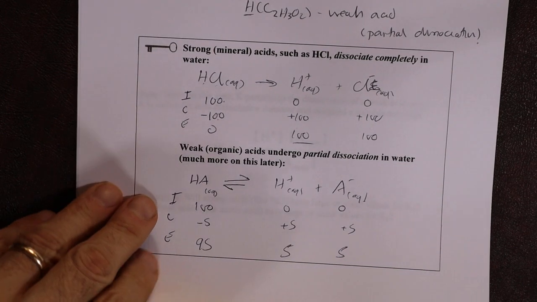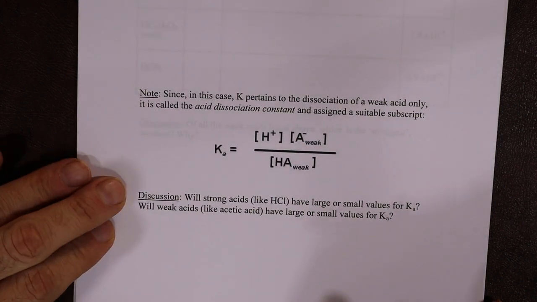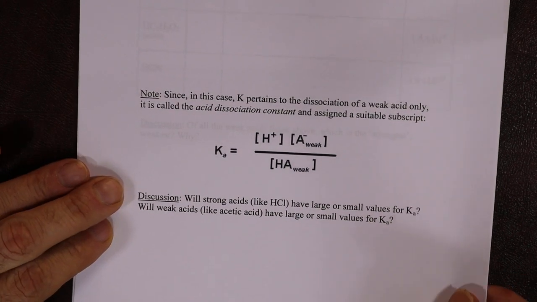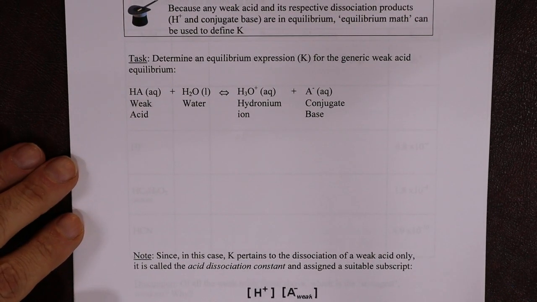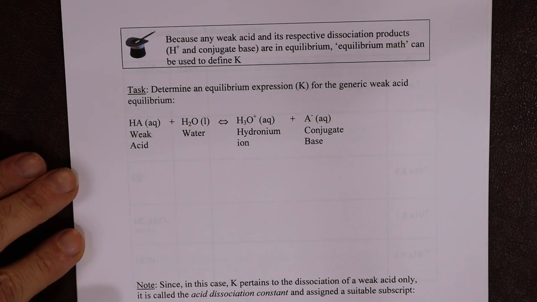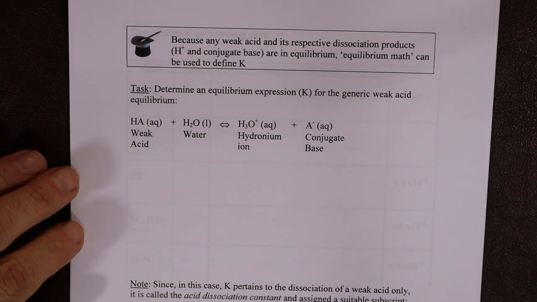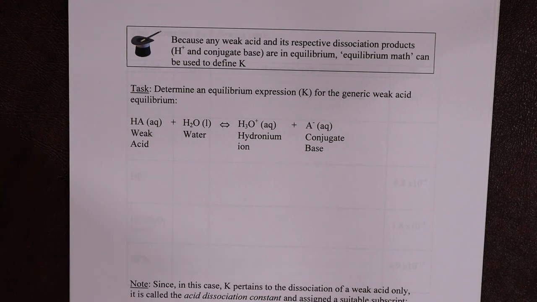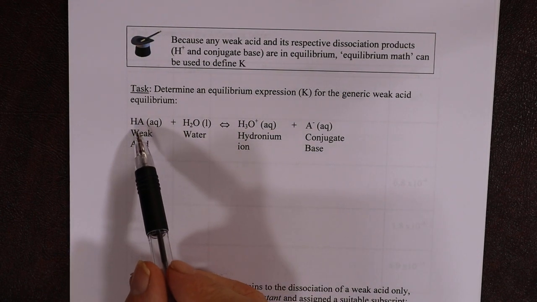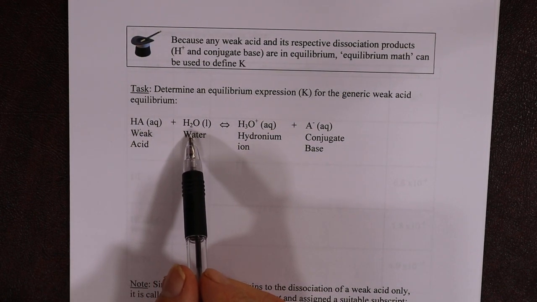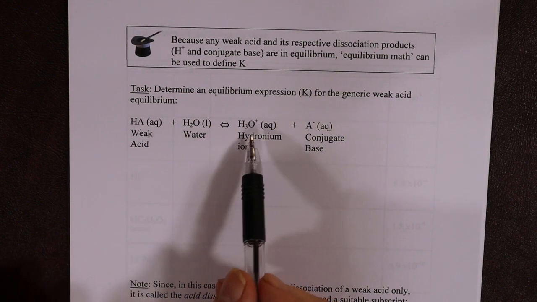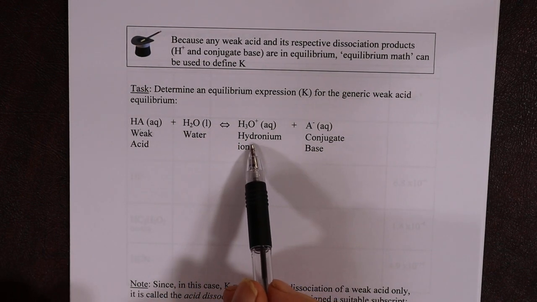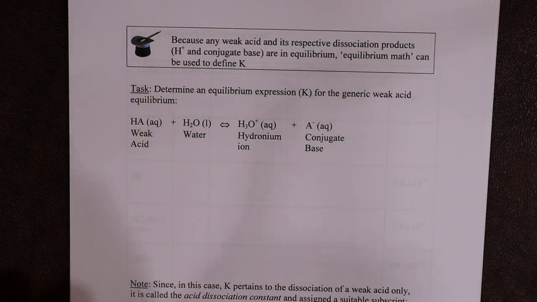So, moving on. Obviously, because weak acids are in equilibrium with their dissociation products, we can treat them with equilibrium math. Look at a generic example. Here we have a weak acid, and we react it with water to make the hydronium ion, but we'll show you the simpler version again in a second, and the conjugate base.